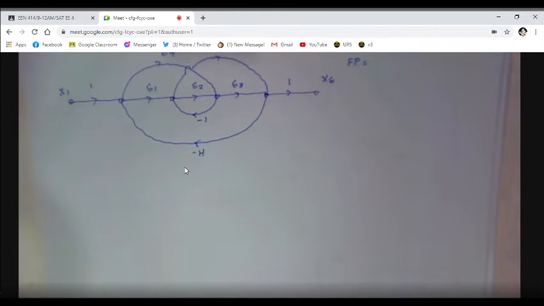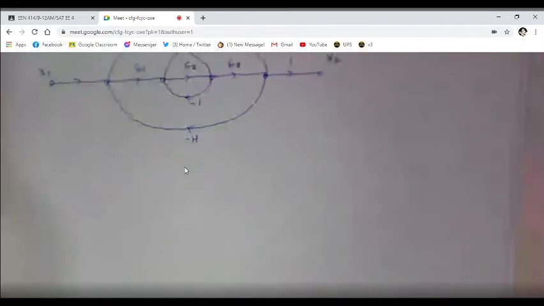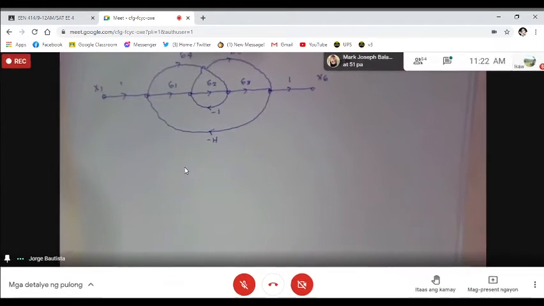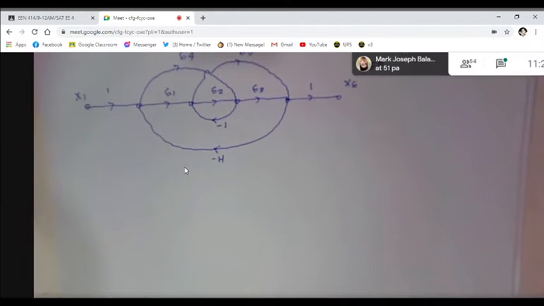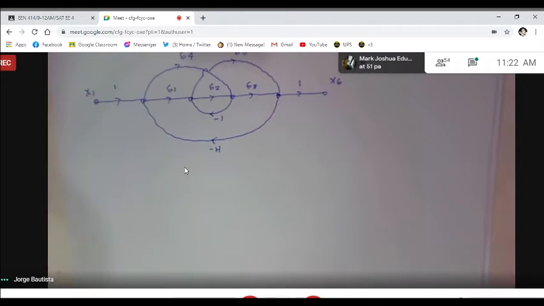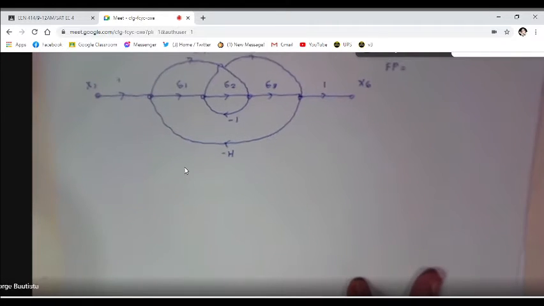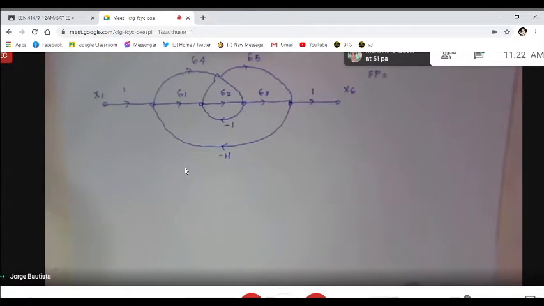Tapos, i-apply natin yung Mason's gain formula, no? Hindi ko na ilagay yung Mason's gain formula, susulat ko na lang dito mamaya. Okay, so, stop share natin to. Na-drawing ko naman na. Okay, ayan. Ilan ang forward path?